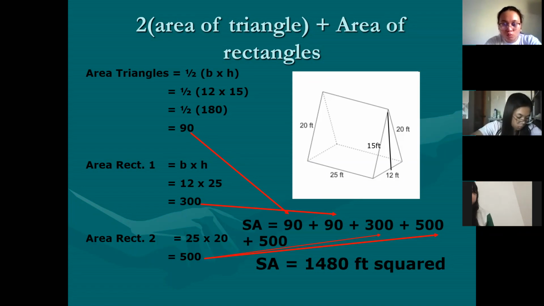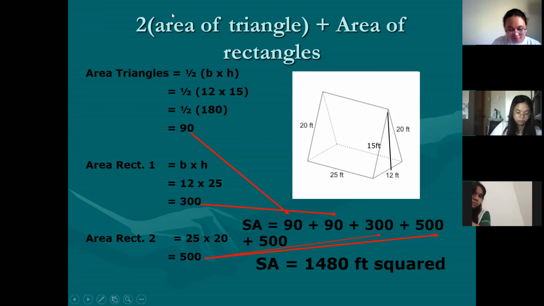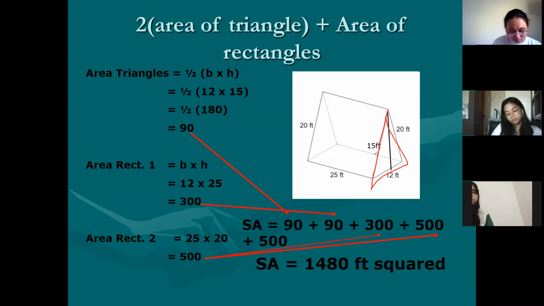What is the formula that I gave in the module? I think it's the sum of all the areas of the faces in the figure. The area of a triangular prism changes from time to time. In this case, this is an example of an isosceles triangle wherein the two sides are equal.